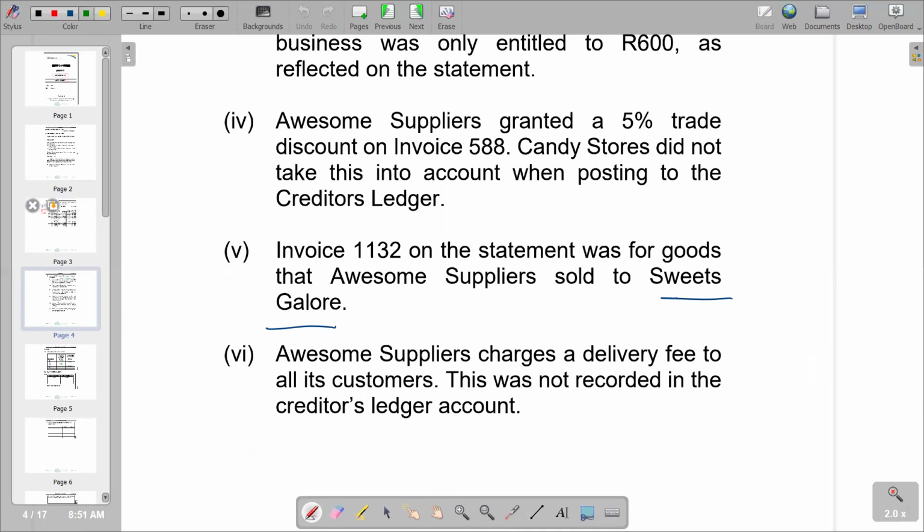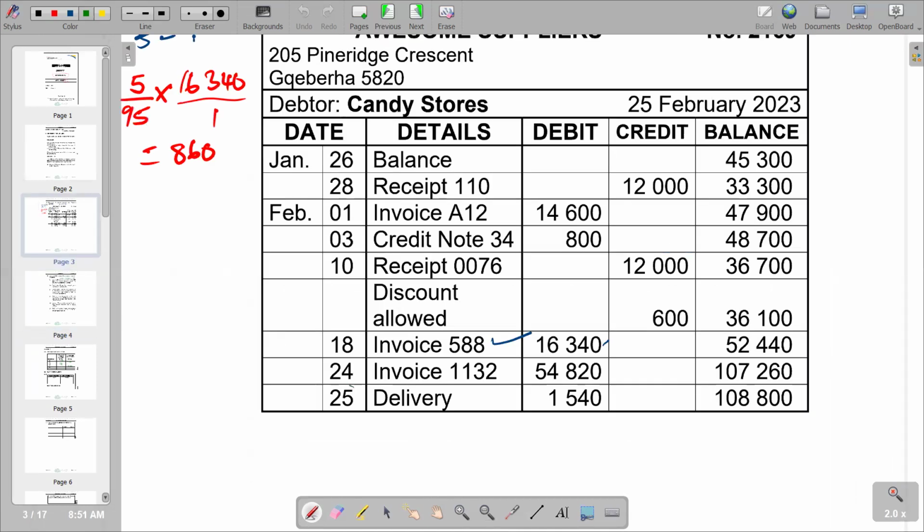So if we come here, you see that on the last day, we have got a delivery that we have here of 1,540. 1,540 is indicated there. So that delivery fee has to be entered in the ledger.